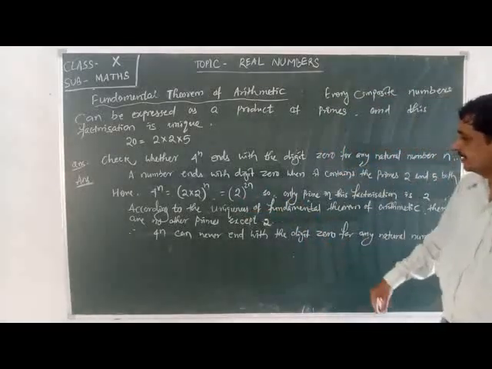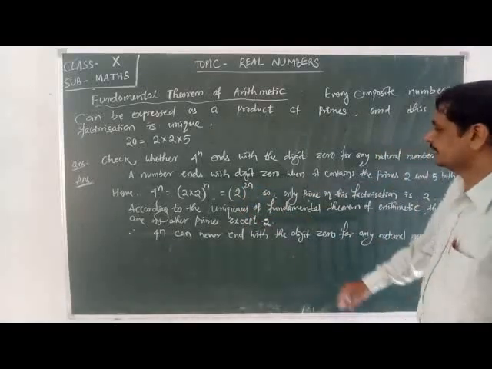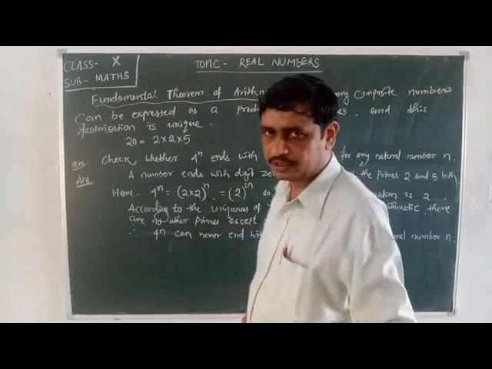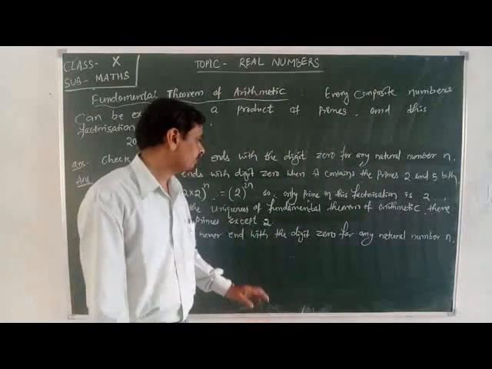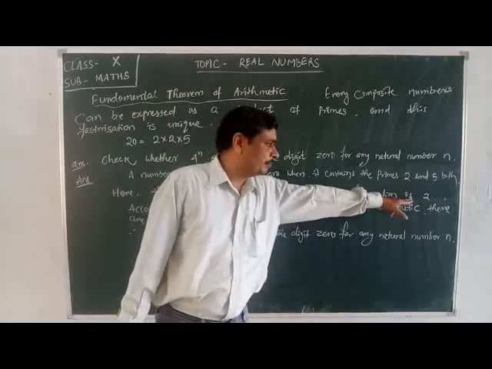In this case, 2 to the power 2n consists only of the prime 2. With this factorization, we get the prime 2.